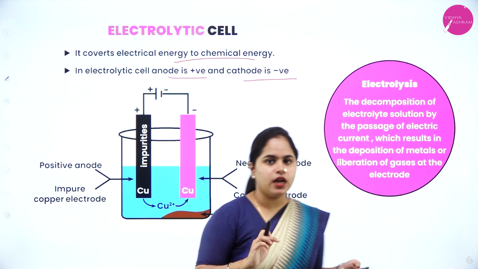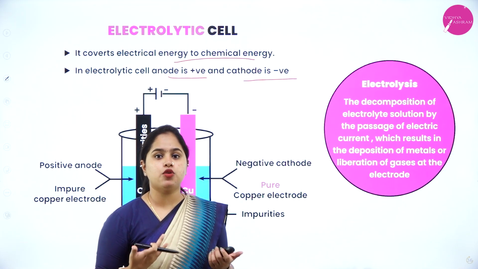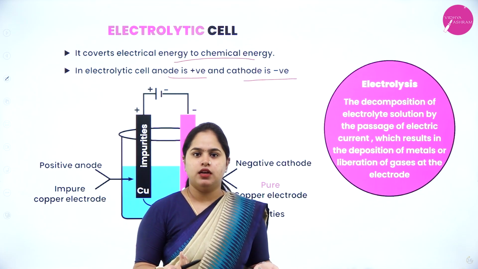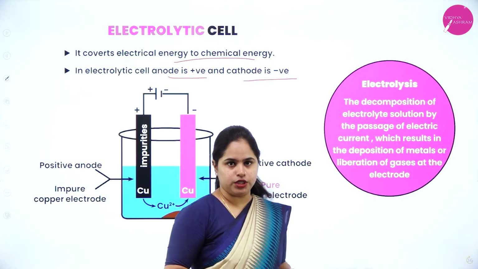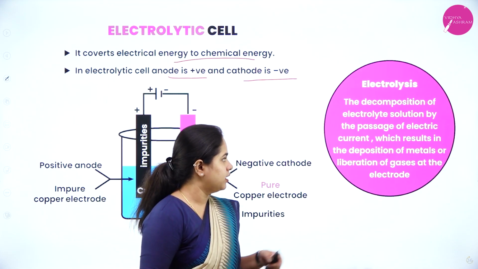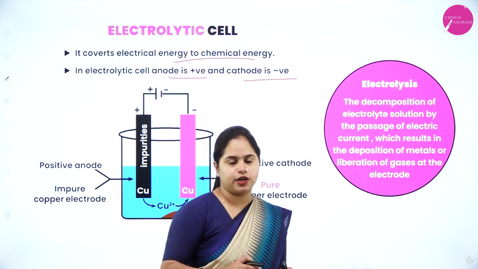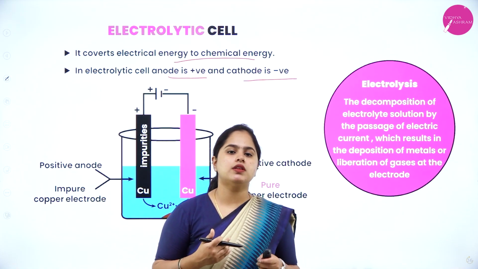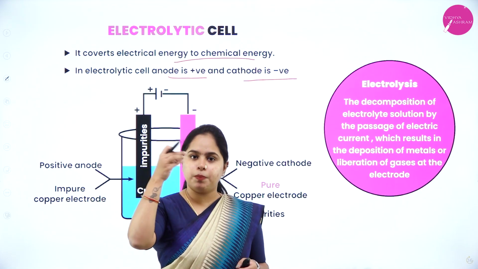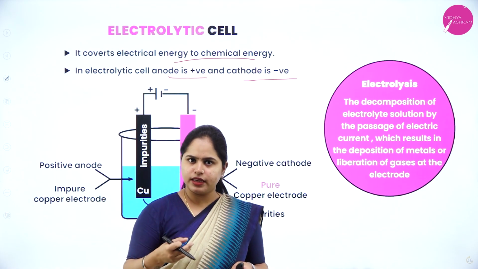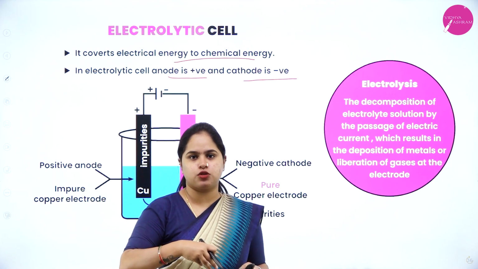Right. So now what is electrolysis? Before understanding the electrolytic cell, we need to know what electrolysis is. Electrolysis is the decomposition of an electrolyte solution by the passage of electric current, which results in the deposition of metals or the liberation of gases at the electrodes. In the electrolytic cell, electrolysis is happening. That means we are supplying electrical energy, which is passed through an electrolyte solution.